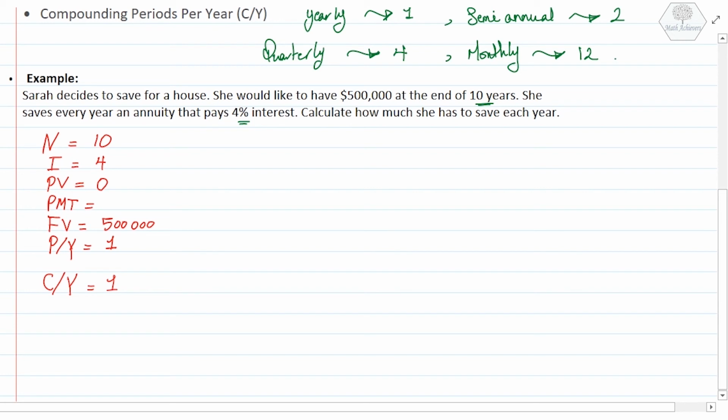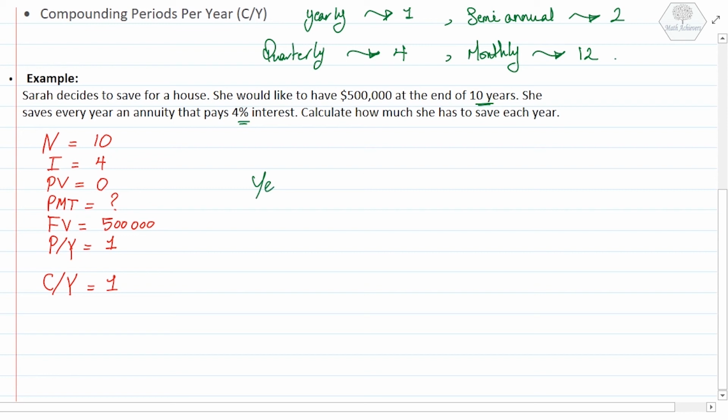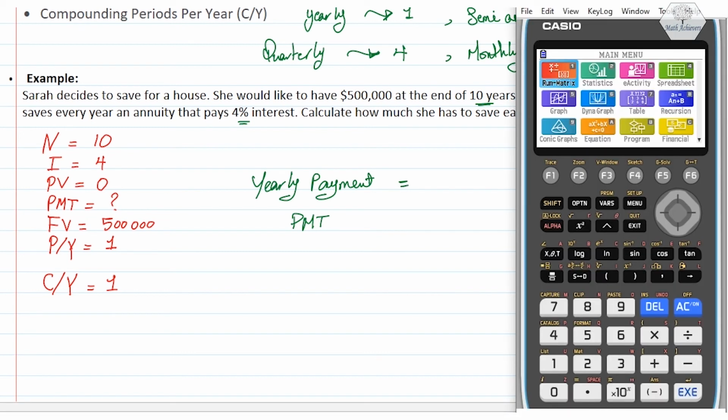Now, to find the PMT, we will use our graphical display calculator. So now the yearly payment, which is the PMT, we start our graphical display calculator, we go to menu, and we go to financial.